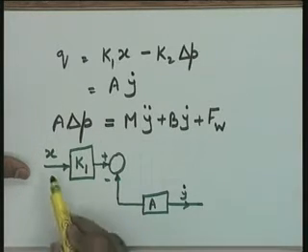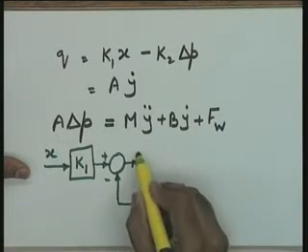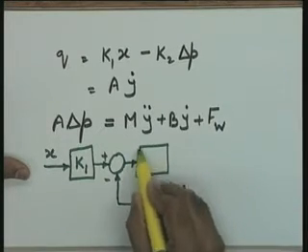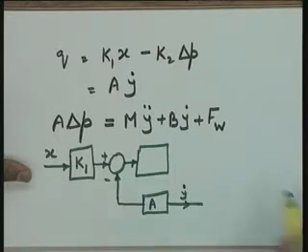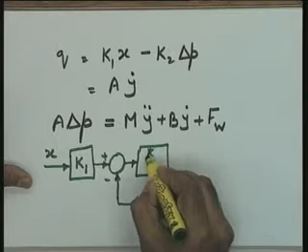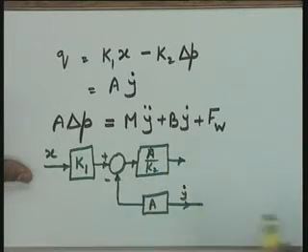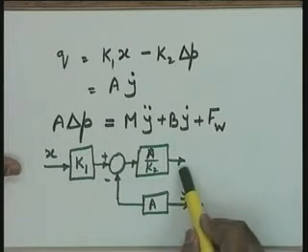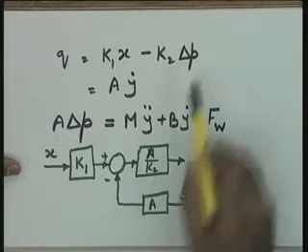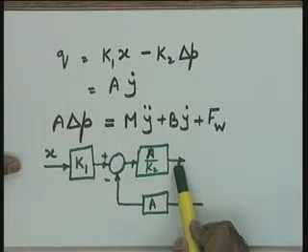So K1 x minus A y dot becomes K2 into del P. I am interested in A into del P. Please see that I am putting over here A divided by K2, and hence a force variable is available here. I hope you are getting it well. A force variable has come over here at this particular point, because 1 over K2 gives me del P, and I have multiplied by A, which gives me force.